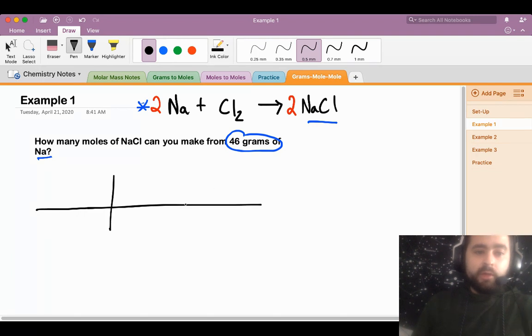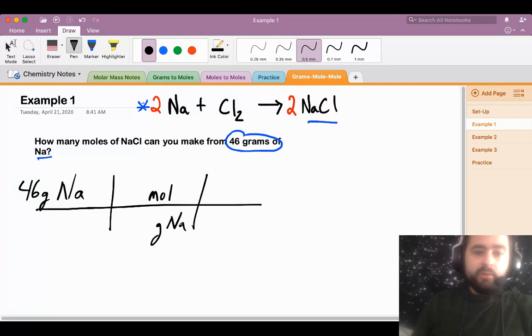I'm going to make my 3 boxes. Start with your given, so 46 grams goes there. Remember, as soon as you write your unit at the top, you're going to write it at the bottom. Okay? And what we're going to be doing first is going from grams to mole. So I have grams, I want moles.